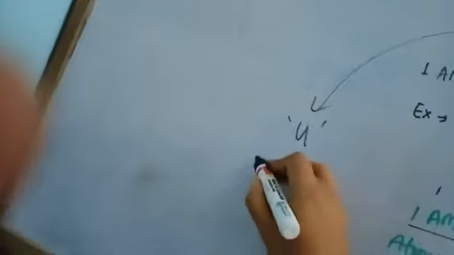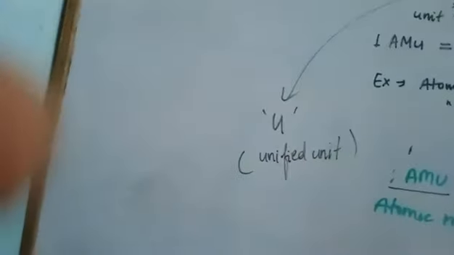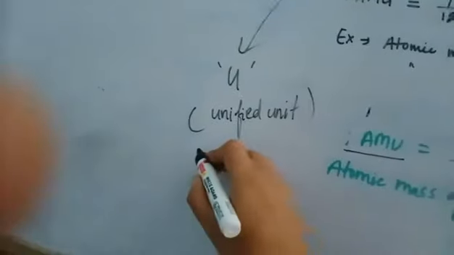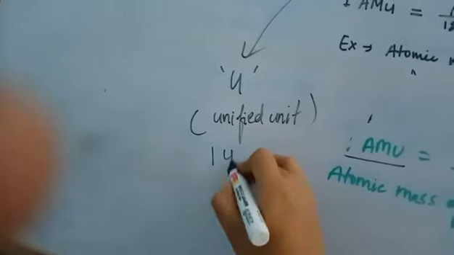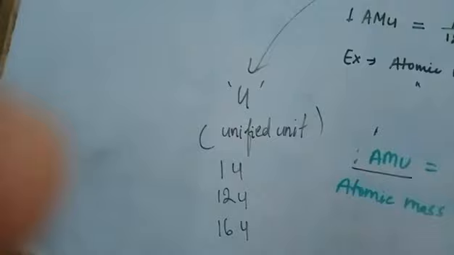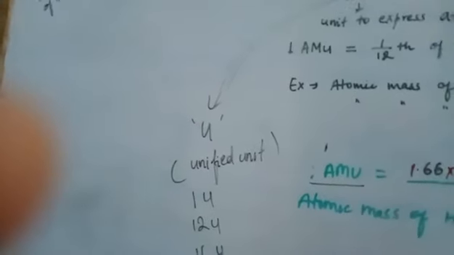Later this AMU was renamed as U, and U was called unified unit of mass. So later it was written as 1U or 12U or 16U. So in U they started expressing the atomic mass of an element.